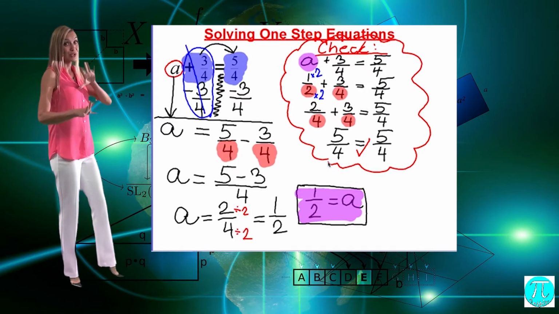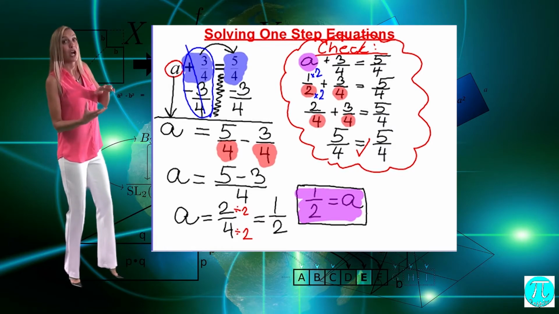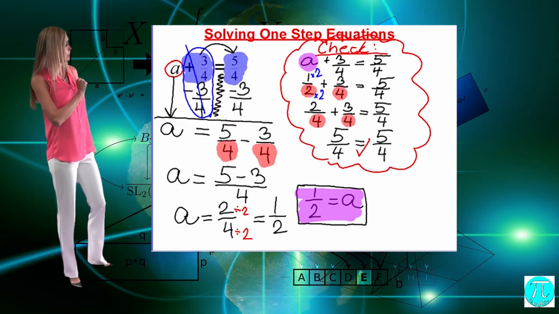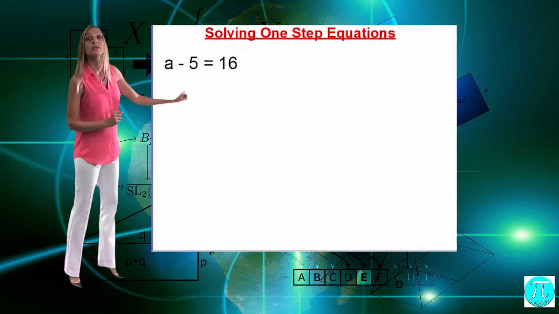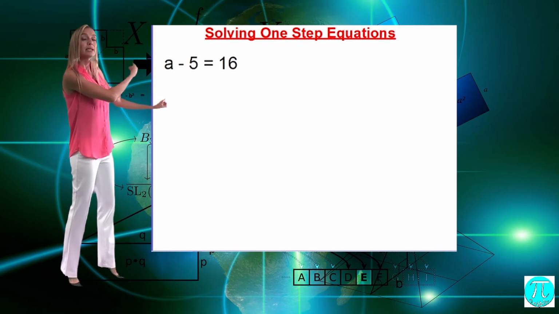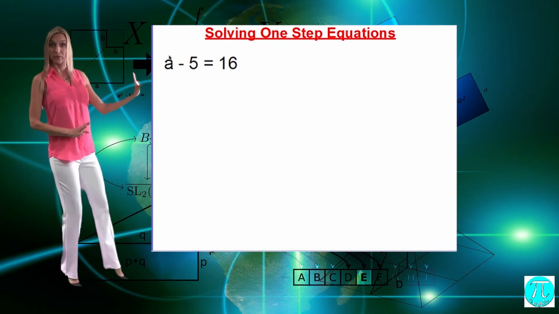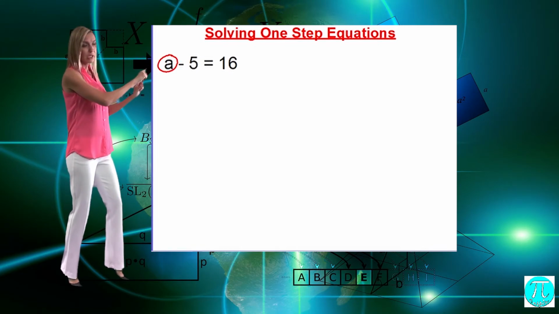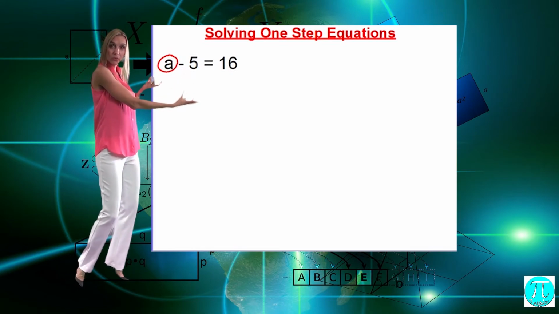So far we were just taking away, right? Because when we had addition, we had to do the opposite, which was subtraction. In this example, we have a minus 5 equals 16. So we're going to isolate our variable, and we see that the minus 5, the minus kind of belongs to the 5, wants to be with the 16. And now they're on the opposite side of the equal sign.